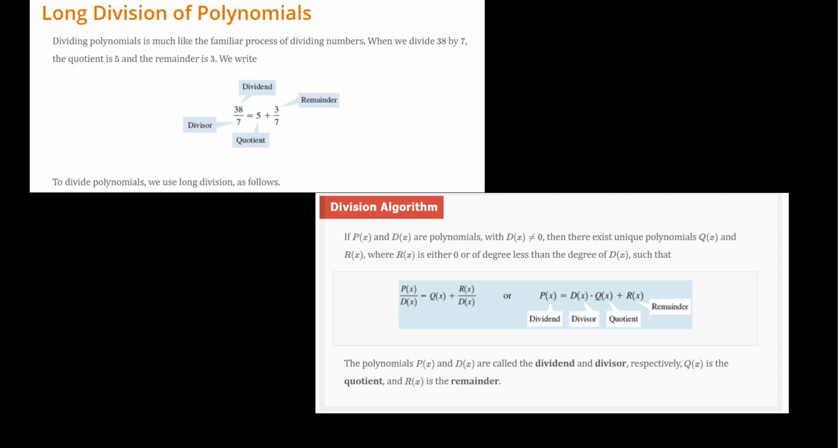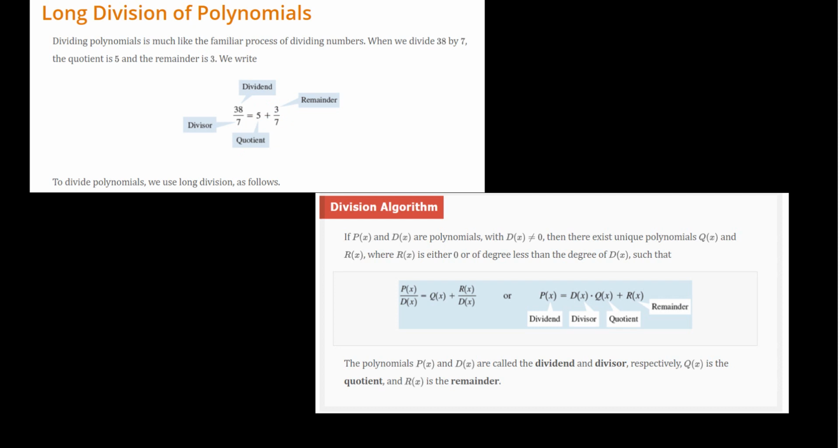And then you have the remainder. Notice the remainder is this 3 up here, and beneath it, the 7 is also the divisor. So you could say this as the quotient plus remainder over divisor. That's important because we're going to be doing the same process here.